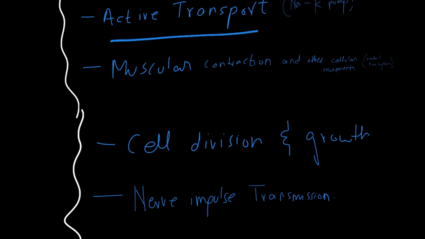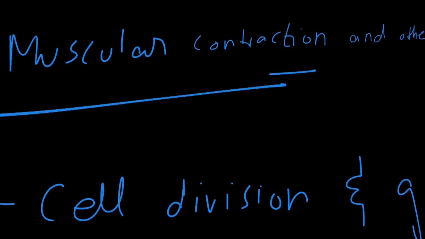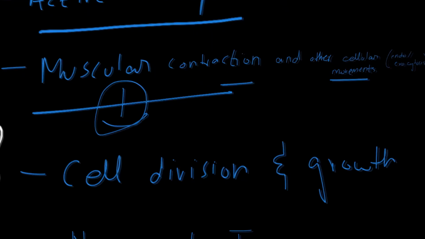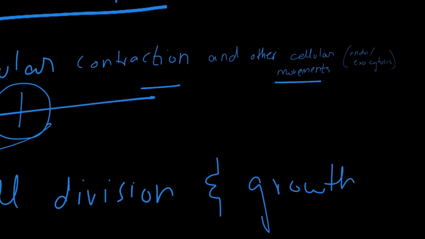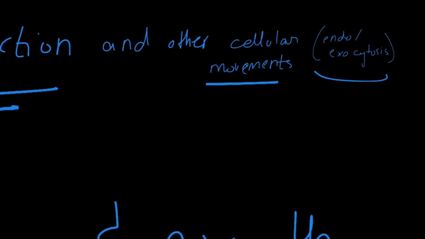Secondly, it's used in muscular contraction. Anything that requires energy is where ATP will be required. So, muscular contraction and other cell movements. Initially, we studied how muscle and liver cells are the most important for mitochondria. So, this is one way we can justify muscular contractions require a lot of ATP, and other cellular movements, which include endocytosis and exocytosis.